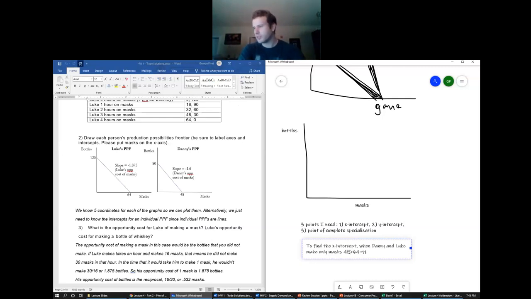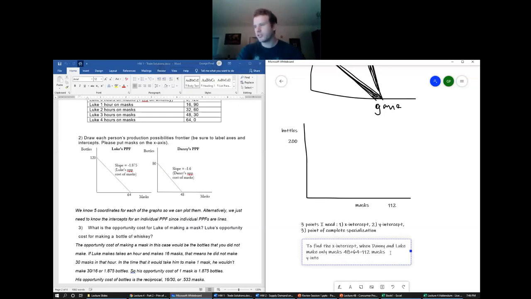You add those two together, you get 112 masks. I'm putting a placeholder here so that I can change it later. The y-intercept is the same thing.